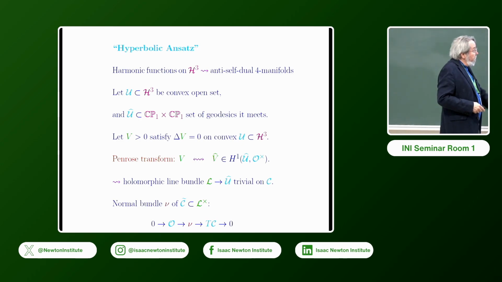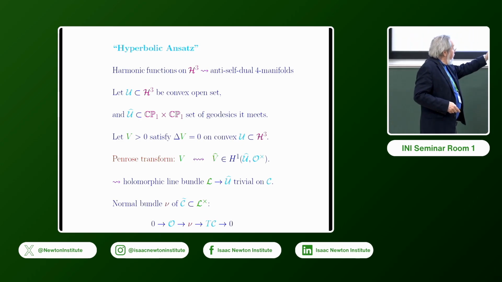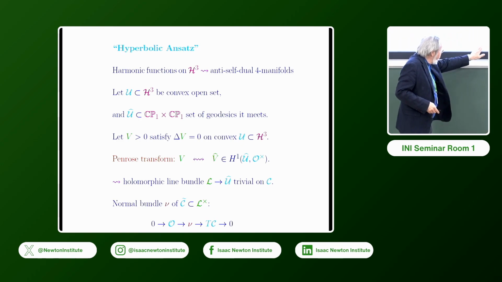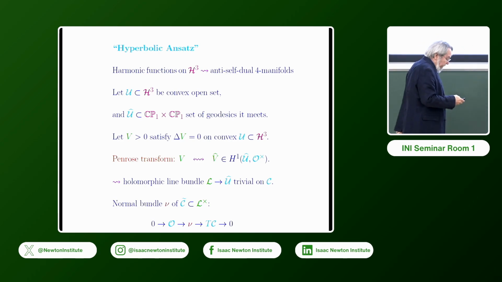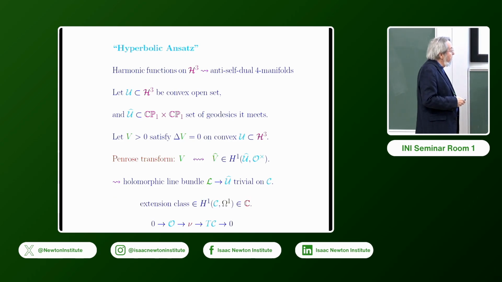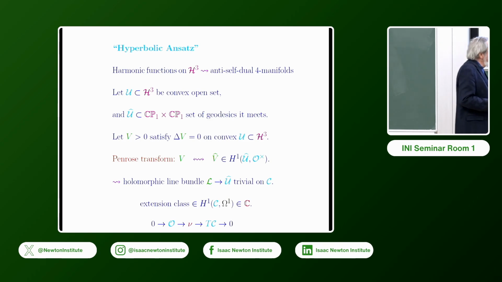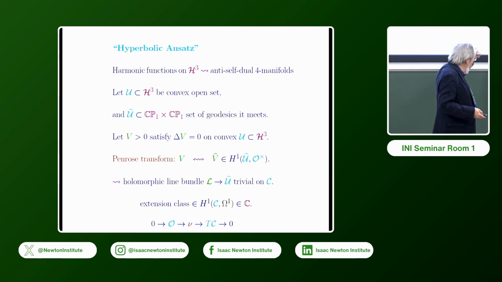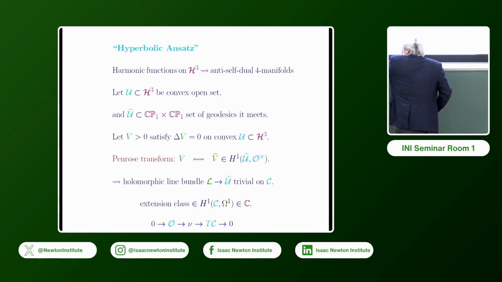So this extension is actually an extension of the tangent bundle by the trivial line bundle. So the extension class lives in H1 with homomorphisms from there to there.